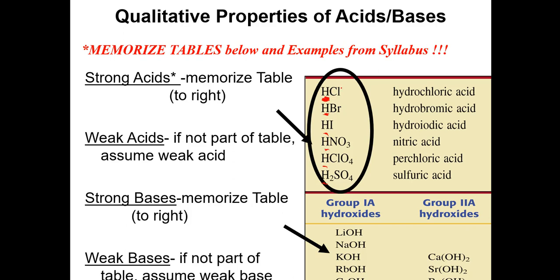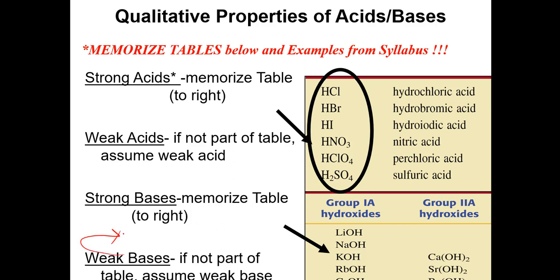They tend to be a hydrogen in front and then a non-metal at the end. Usually they're halogens, but they can also be other types of polyatomic ions. Compare that one to bases, where they tend to be a metal up in front rather than a hydrogen. And then for strong bases, you'll have a hydroxide at the very end.